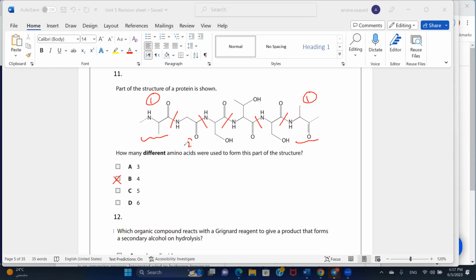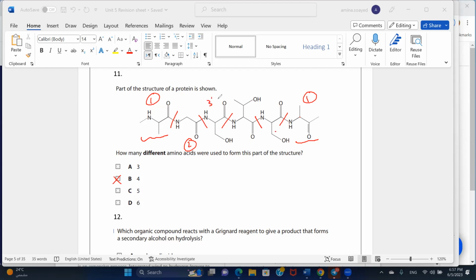If we look at this, it's an NH2, CH2, C double bond O. So here also we have this one. No, 1 minute. Okay, let's leave this. Let's take this one. It's an NH2C and then a methyl. It's similar to this one.